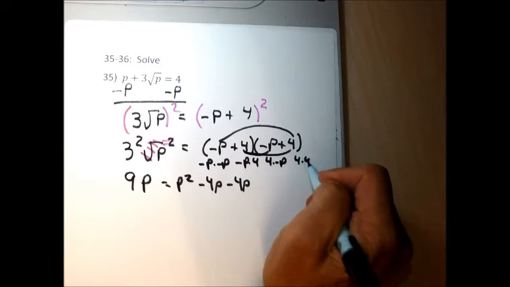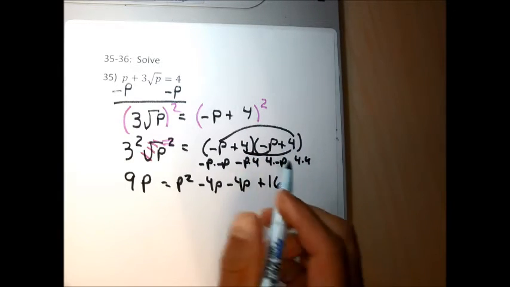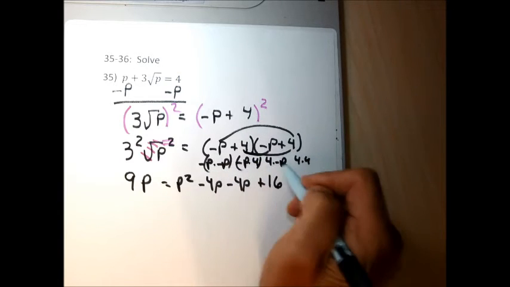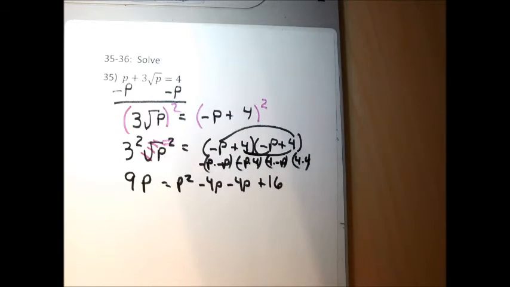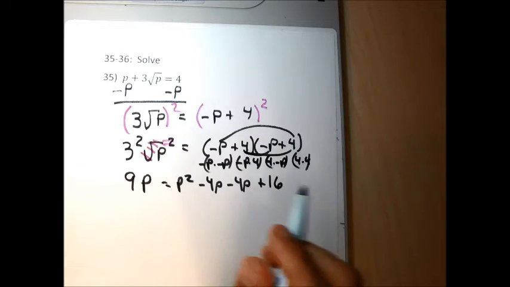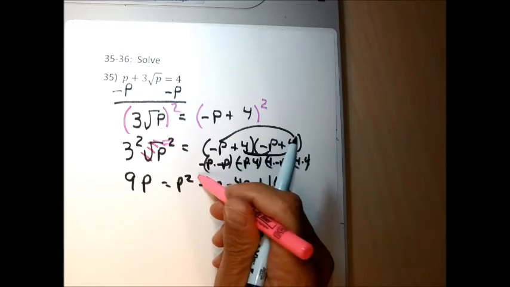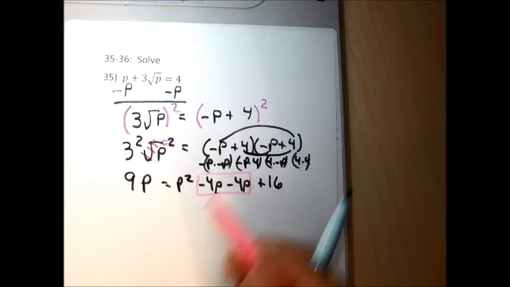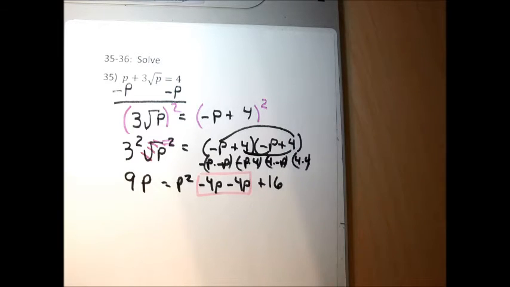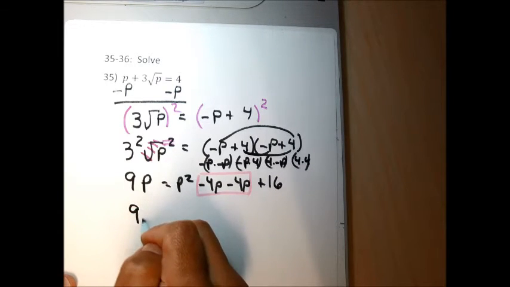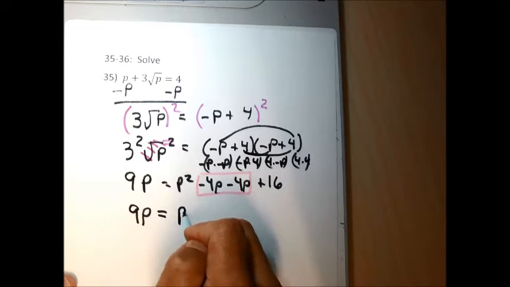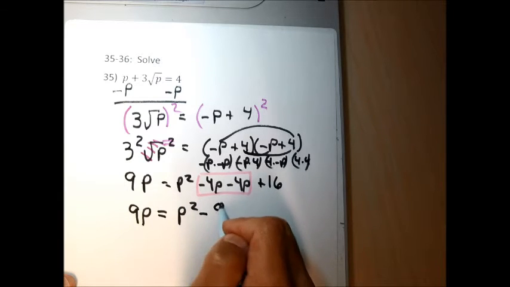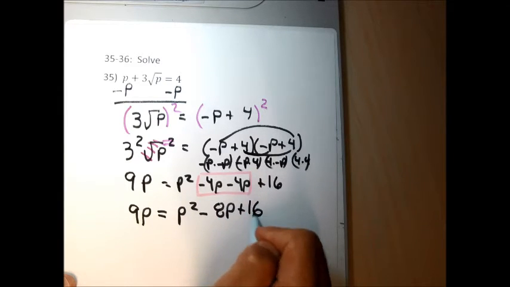Lasts are 4 times 4, which is a plus 16. So I did first, outers, inners, lasts. On the right side, the outers and the inners don't cancel because they have the same signs. The outers and the inners, you add the numbers up and keep the sign. So I'm going to get 9p equals p squared minus 8p plus 16.